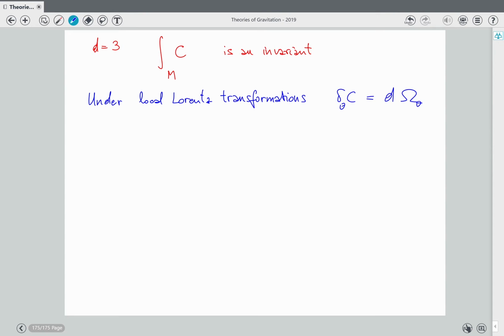And that something is well defined as a form. So this is really an exact thing. And so the variation of Lorentz transformations of that integral, not the integrand, is not invariant, but the integral is invariant.